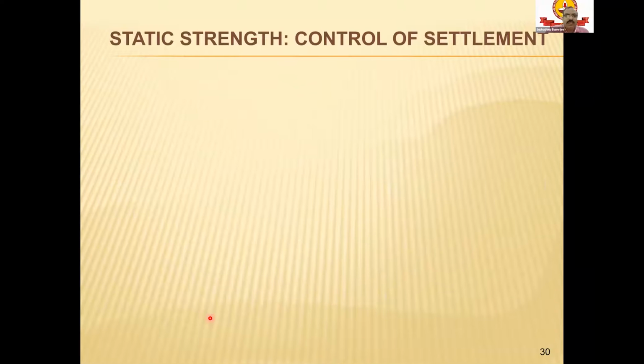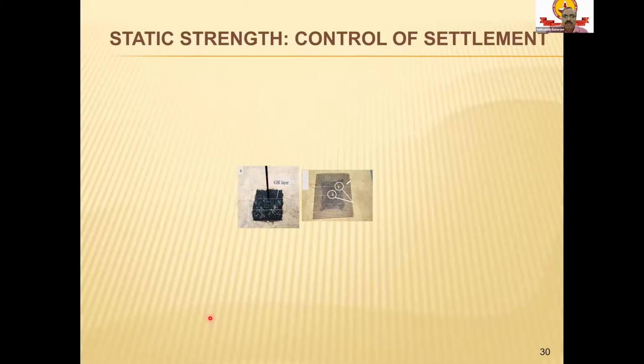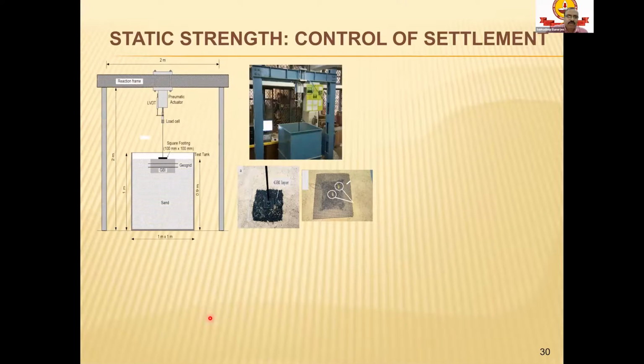Now, static strength and control of settlement is a big problem if you want to use this material for construction, particularly if you think of backfill material. So to control settlement, we introduce a layer of geogrid. This GBI is the base isolation layer. Base isolation was our target application for this project.